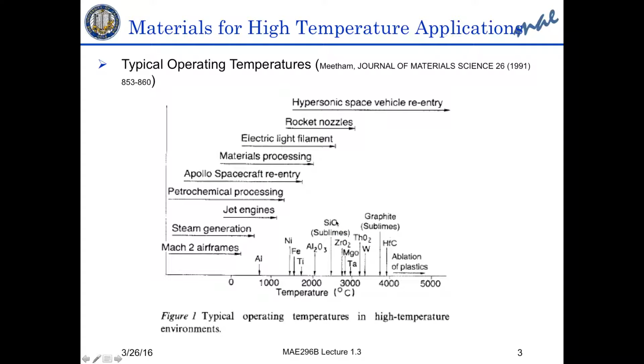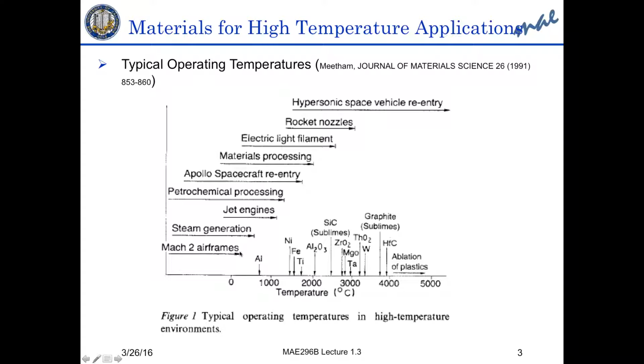A third way to look at the temperature capabilities of materials is shown here from the work of Mitham in the Journal of Material Science. It shows the different technologies and the corresponding material capabilities. For example, Mach 2 airframes, you can use aluminum. This is the melting point of aluminum alloys here.